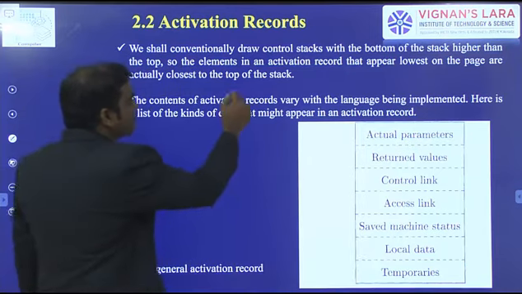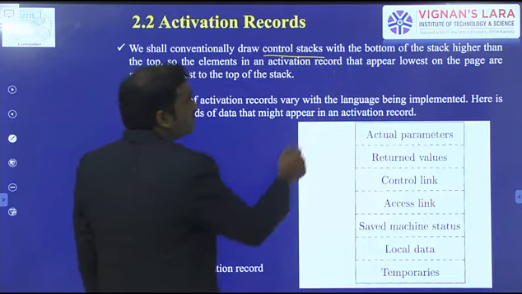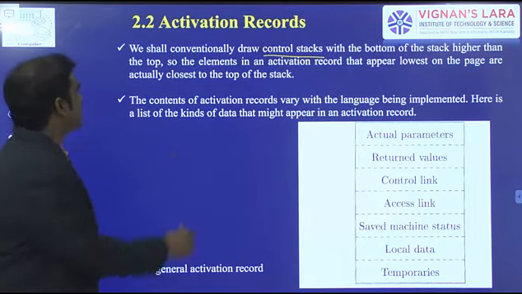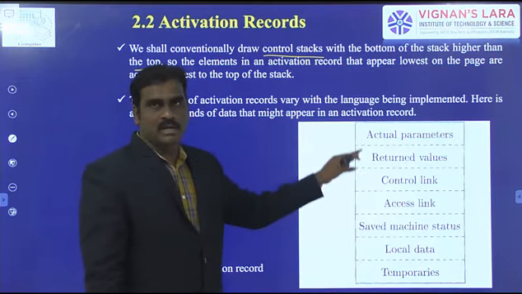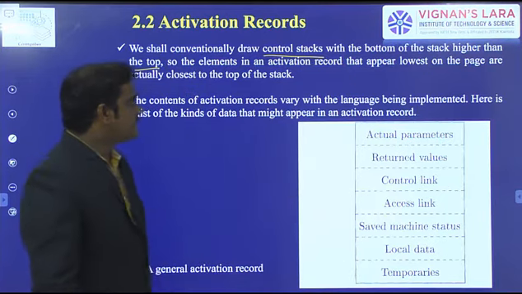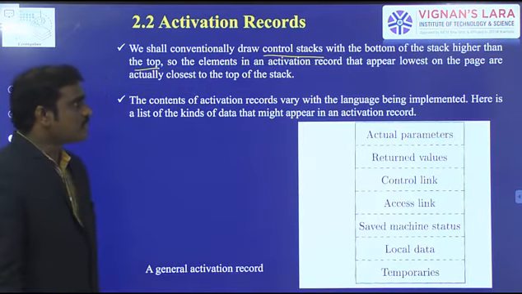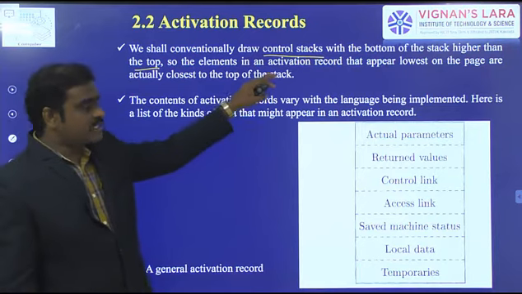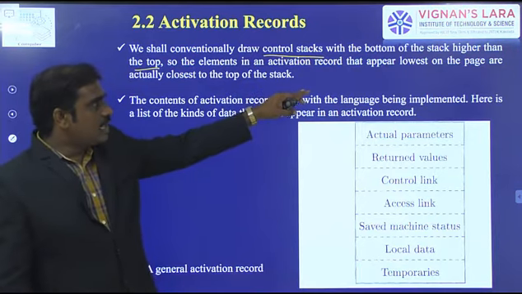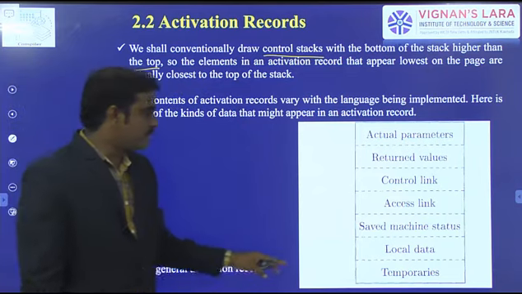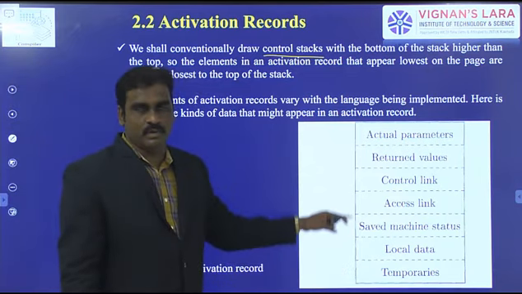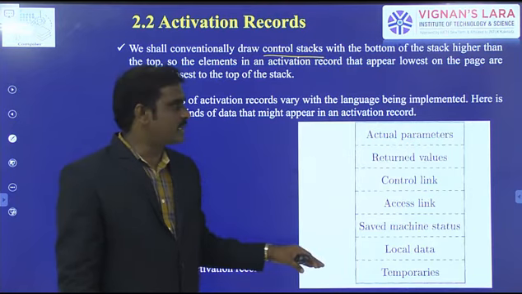Here, the control stack has the bottom of the stack higher than the top. Generally, we can represent it like this. The activation record that appears lowest on the page is actually closest to the top of the stack. That means the lowest one is the top of the stack.